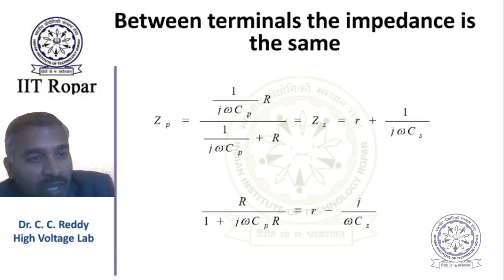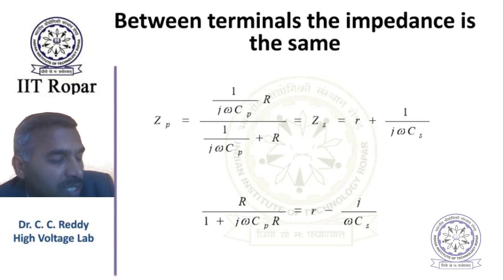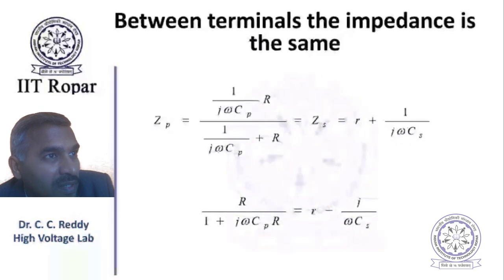But that is valid only for a particular omega. If you consider this circuit for DC, then tan delta becomes 0. We get a perfect dielectric. This circuit is good for the DC case.